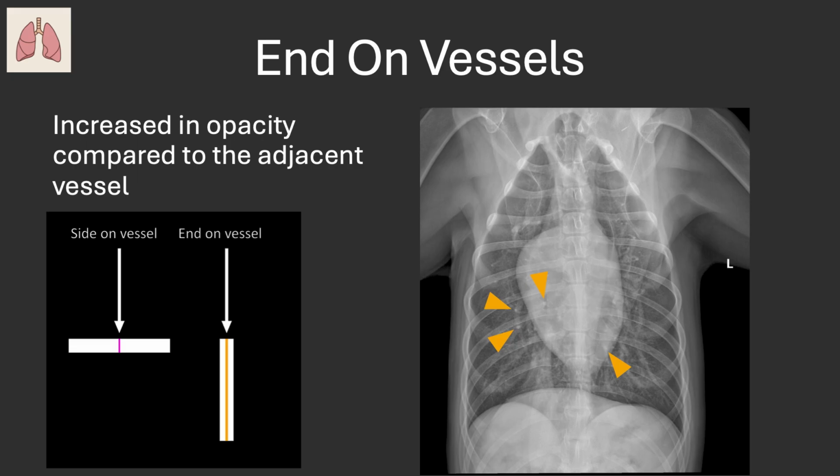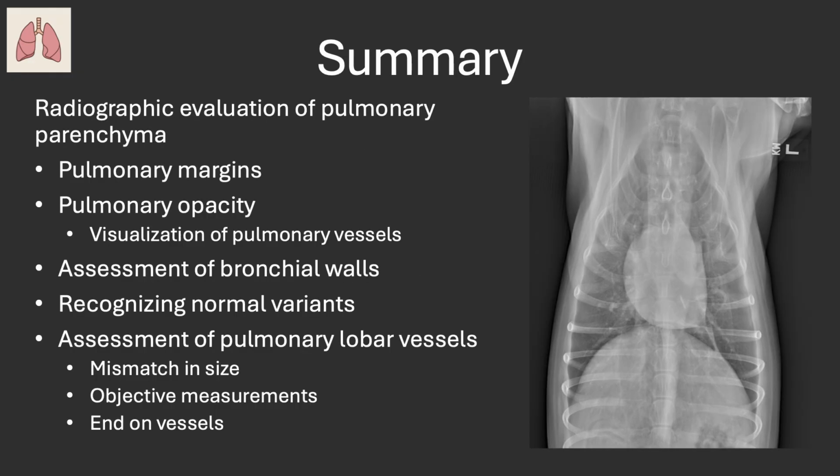Note how the thickness of a side-on vessel in the diagram, measured by the pink line to the left of the image, is much smaller than that of an end-on vessel, as demonstrated by the orange line in the right of the diagram. This demonstrates why end-on vessels are more opaque than the adjacent side-on vessels.